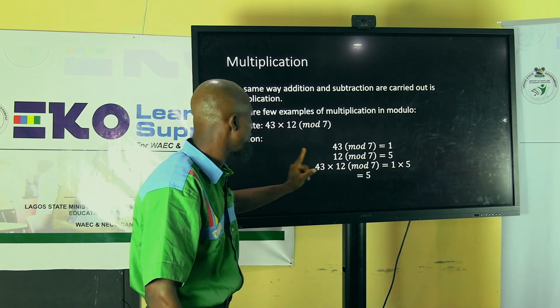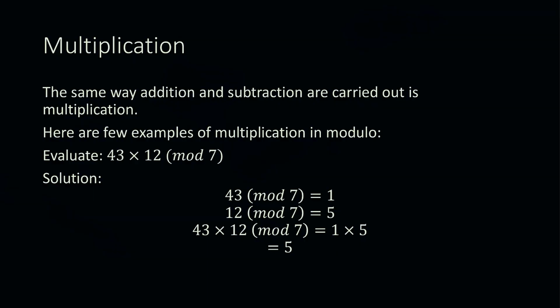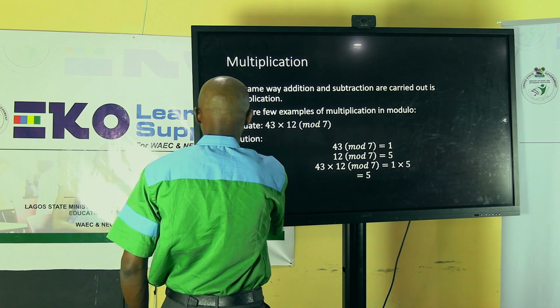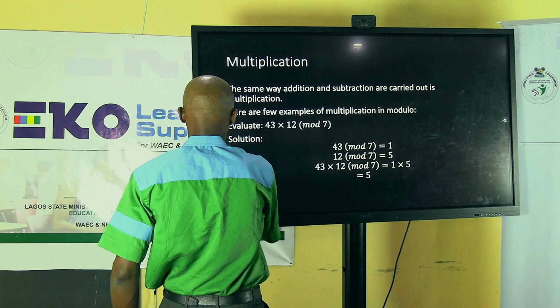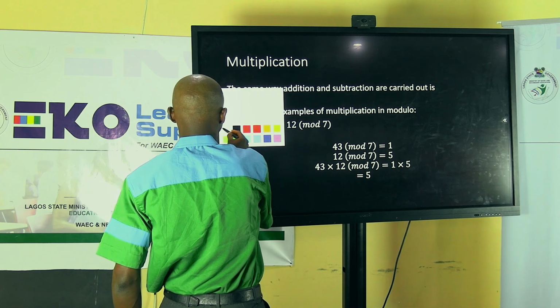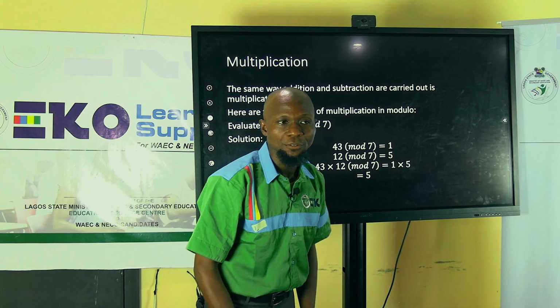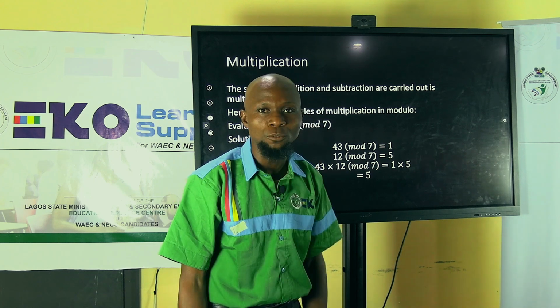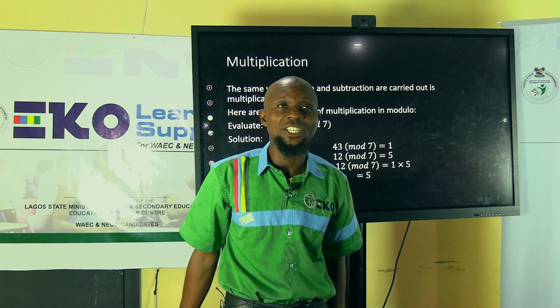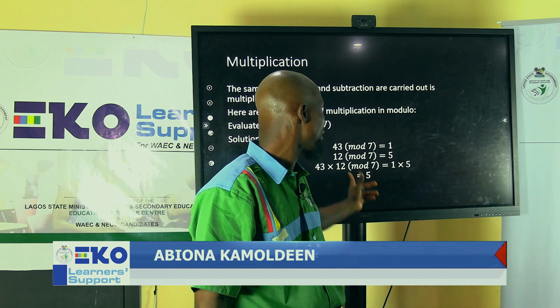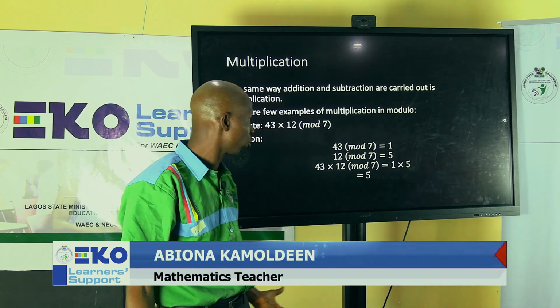So 43 modulo 7 is 1. When you divide 43 by 7, what is the remainder? You know the closest multiple of 7 to 43 is 42.